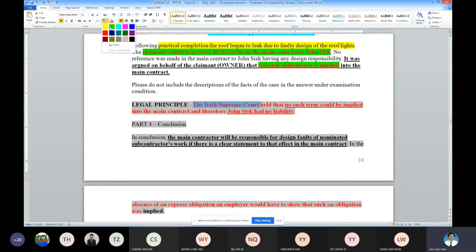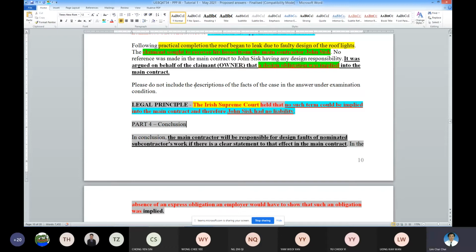Okay, the Irish court held no such term could be implied into the main contract, and therefore John 6, that means the main contractor, is not responsible. Because under the contract between John 6 and the owner, there is no such condition to say that the main contractor is going to be responsible for the NSA's error in design.